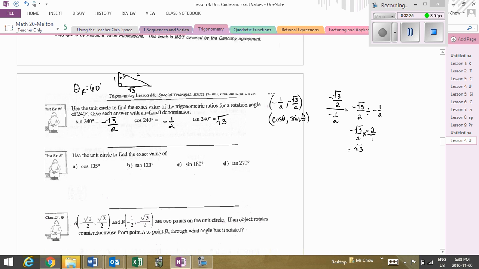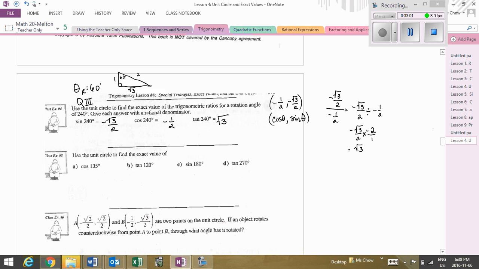We recognize that we're in quadrant 3 in this particular case, and therefore tangent is positive, and cosine and sine ratios are negative, and we can find exactly the same values. So you don't have to go to the unit circle. You can use the CAST rule, reference angles, and your special triangles to find out exactly the same thing.